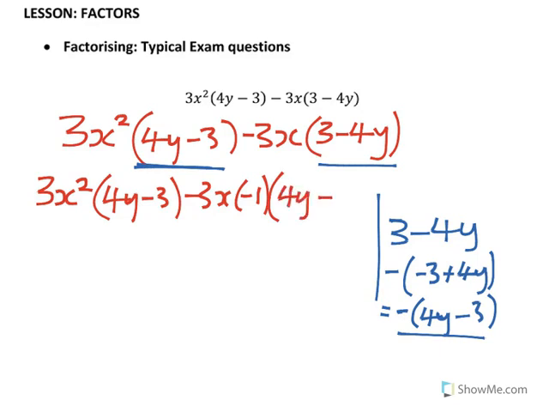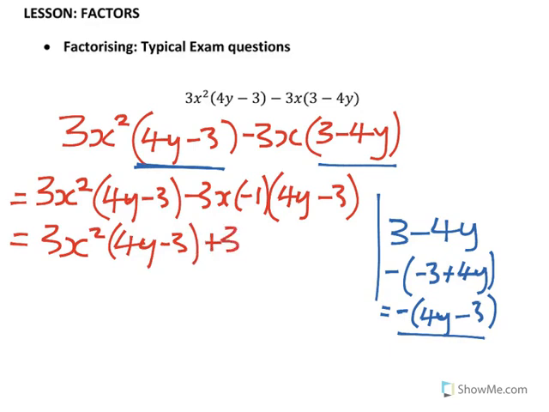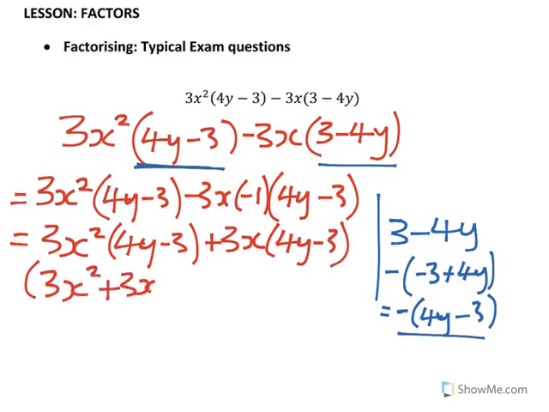You will have 4y minus 3. Now, this continues to become 3x squared, and you have got 4y minus 3. Now, a negative 3x times a negative 1, you have got a positive 3x and 4y minus 3. This will become 3x squared plus 3x.